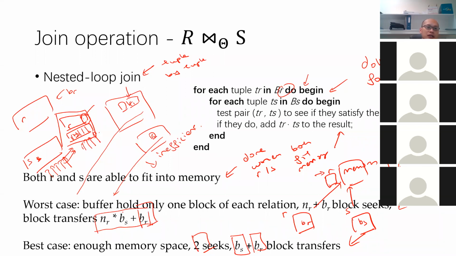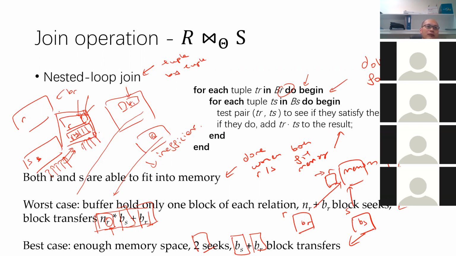But the number of block transfers for S is going to be huge. It is not just BS, it is actually N of R times BS. You may wonder, how come N of R? It's because for every single tuple of R, I need to carry out BS number of block transfers.